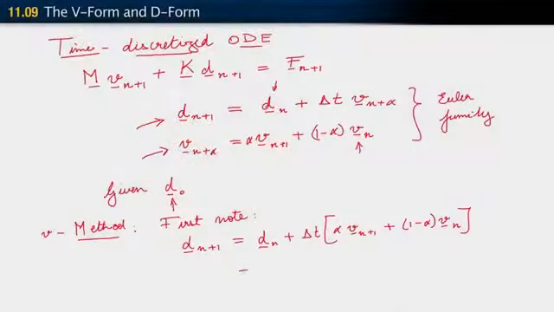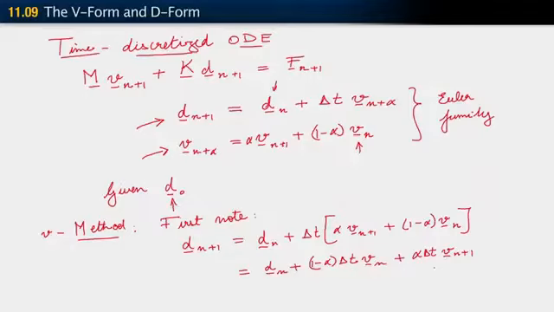Now, in the next step, what we're going to do is rewrite the right-hand side as dn plus 1 minus alpha delta t Vn plus alpha delta t Vn plus 1.